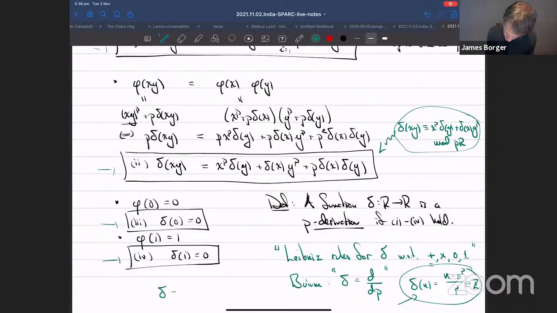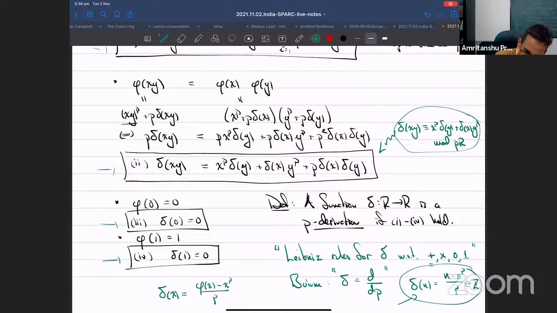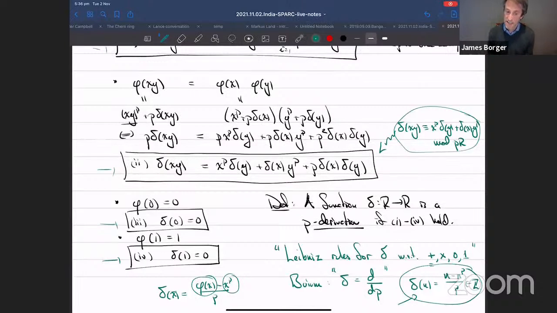So delta of x is phi of x minus x to the p, over p. It's measuring how far phi of x is from x to the p. And of course the p-power map in characteristic 0 is never a ring endomorphism, unless you're on the zero ring or something. So this will always be something non-trivial. That's a good exercise.